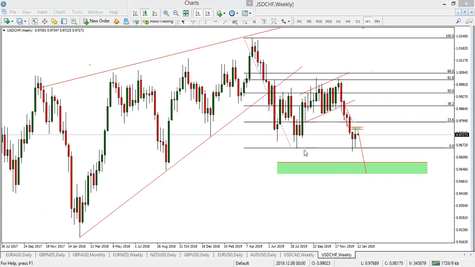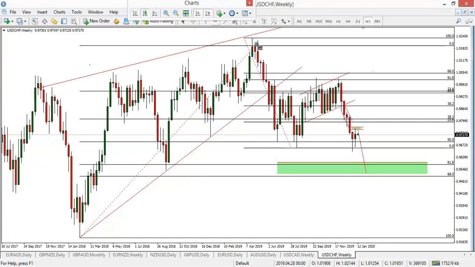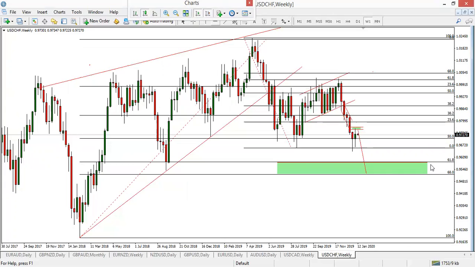On the weekly time frame, you can see there's a demand level here. That's a double bottom on the smaller time frame, but signals on the bigger time frame are stronger than on the smaller time frame. So when we pick our Fibonacci retracements for the impulsive move, we see that this pair is likely to end at this 61.8 level.